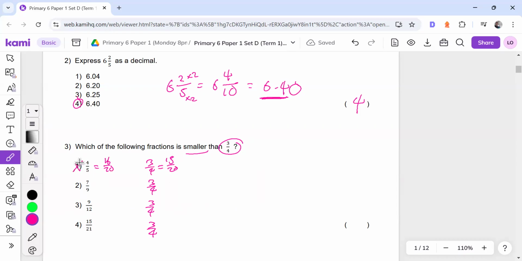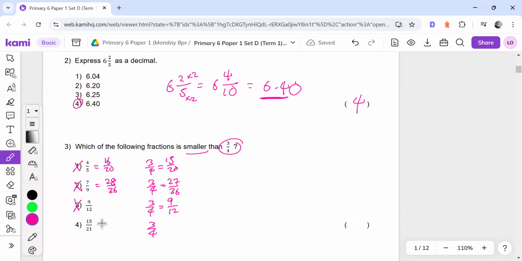So number one is out because it's bigger. And then next one, you make the denominator the same, 9 times 4 and 4 times 9. 7 times 4, 3 times 9 is also bigger. All right, so this is how you do. And then how about the next one? 4 times 3 and 3 times 3. So it's equal. So number 3 is out because the fractions are equal.